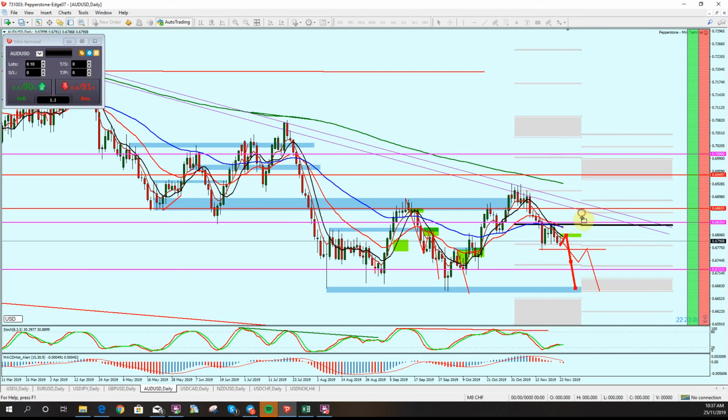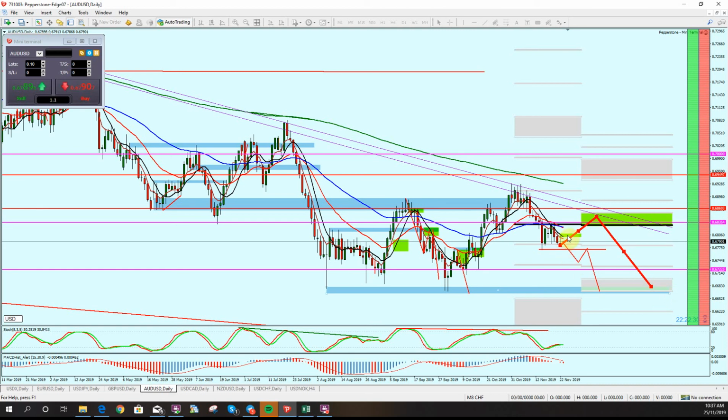Other than that, for me, front running next month's move, this is your sell area up here. So if you were looking for this short next month, that's where you would be looking to short. If this doesn't work, the other option is up to here, that level there, and then down to here somewhere. So there's plan A, plan B, plan C, down to this level again.